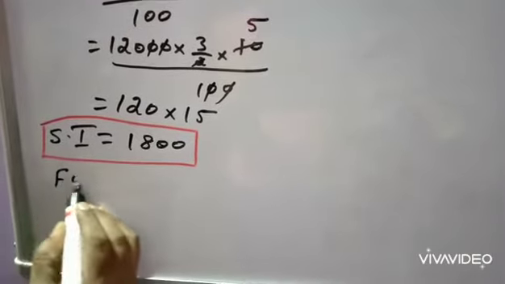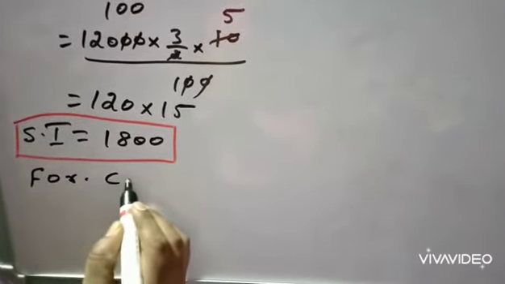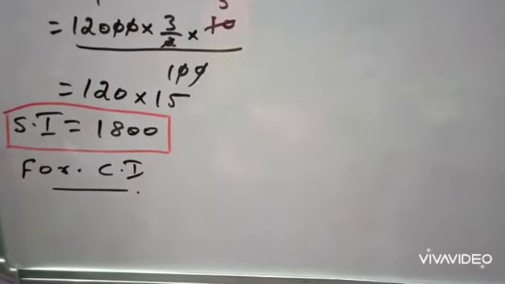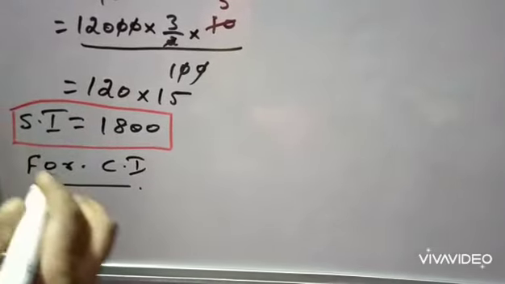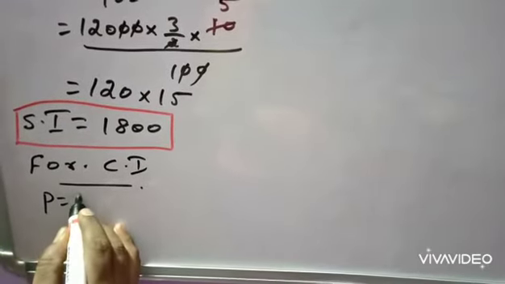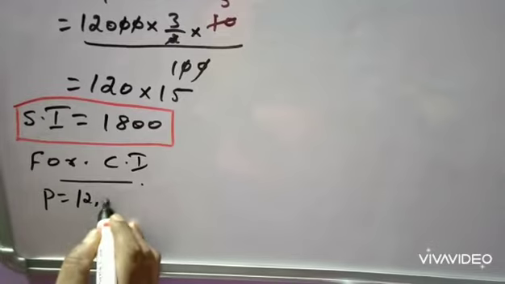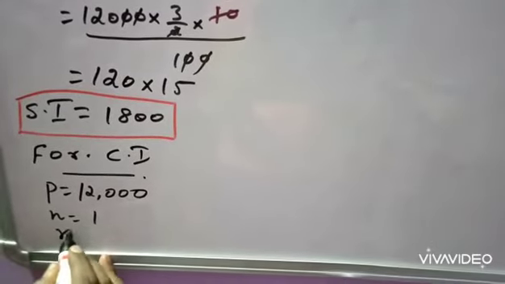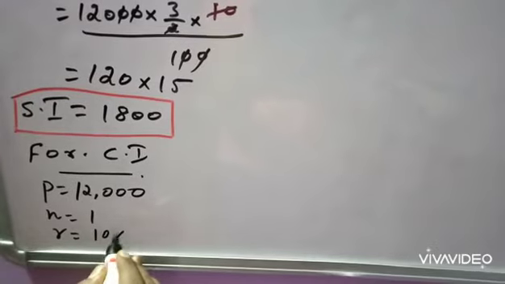Next, for compound interest, we need to calculate in two parts. First, we calculate for 1 year. For 1 year, the principal equal to 12,000, number of years equal to 1, rate of interest equal to 10%.